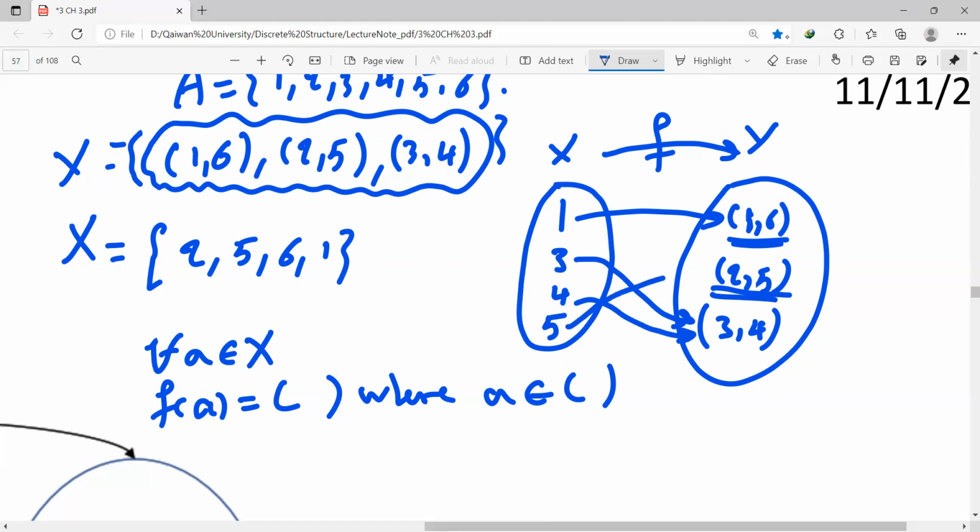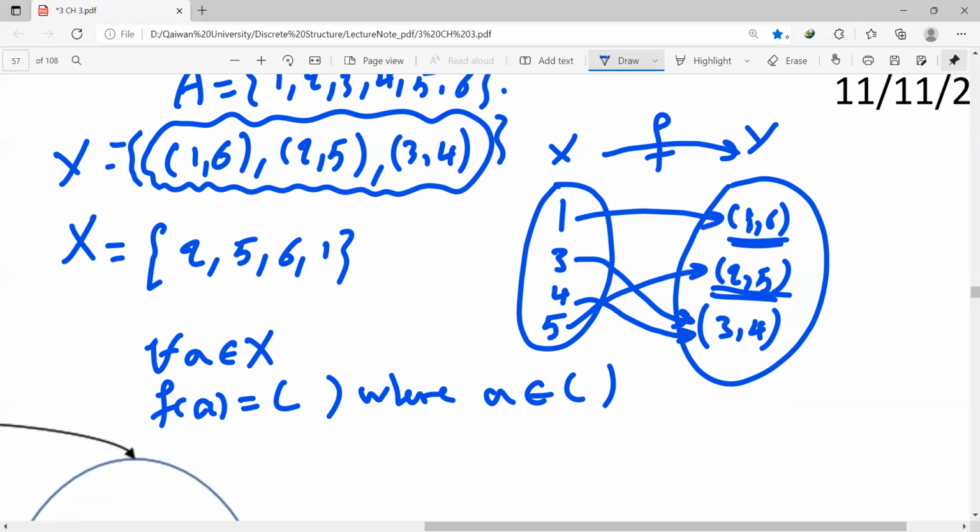And 5 goes to {2, 5}. Do you have any 2 elements in X which have the same image? Yes, 3 and 4 have the same image. That means here we have a pair of elements of X such that their sum is 7. Yeah, 3 and 4 go to {3, 4}, and 3 plus 4 is 7. That means there are at least 2 elements in X such that their sum is 7. So that's all.